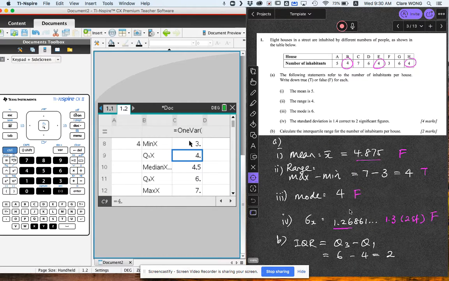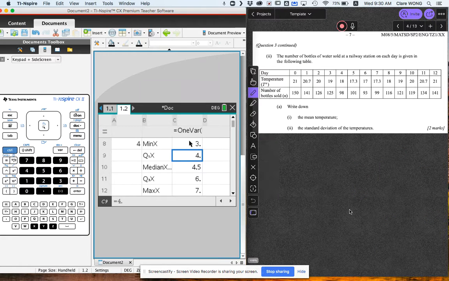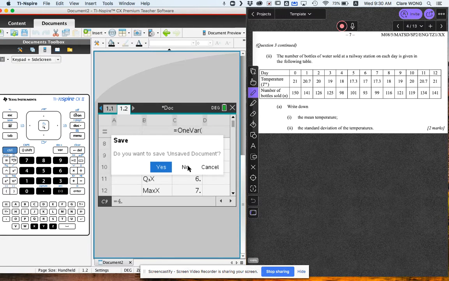Now, don't forget, this one we use one variable stats to calculate because we only really have this variable to deal with, one variable stats. Now I'm going to do this question, and going back to the GDC, every time you start with a new document, especially when it comes to modeling and stats, you don't need to save it.